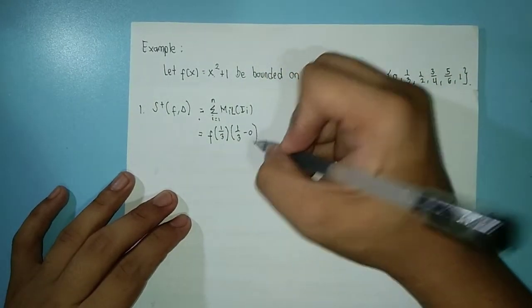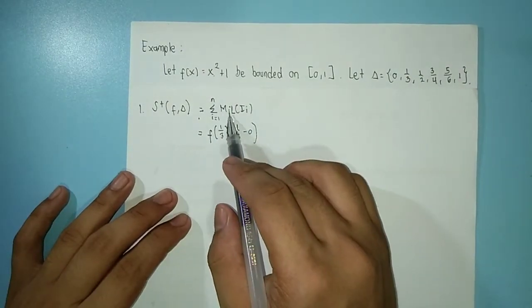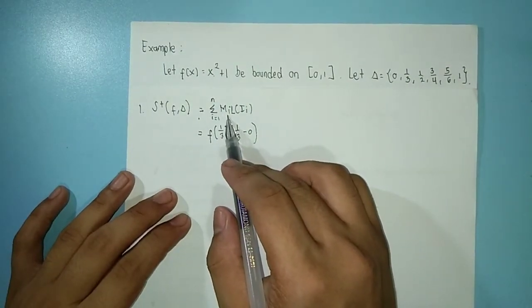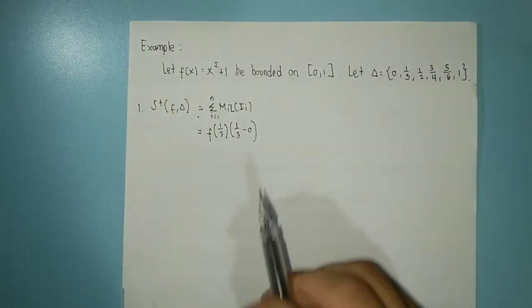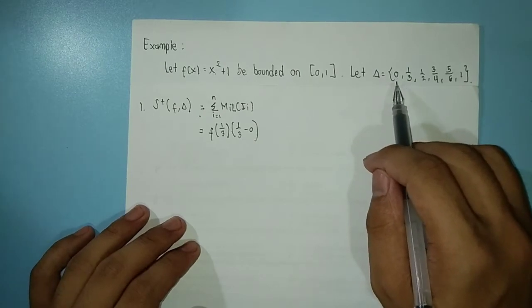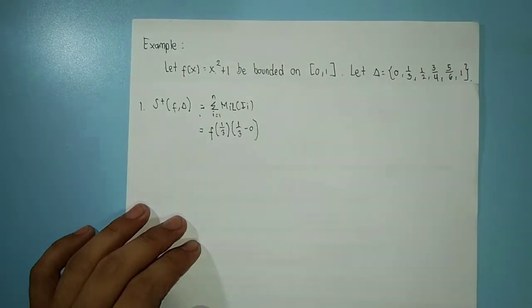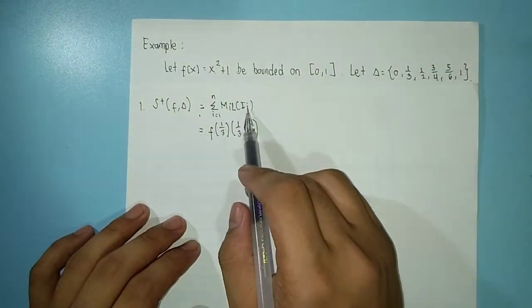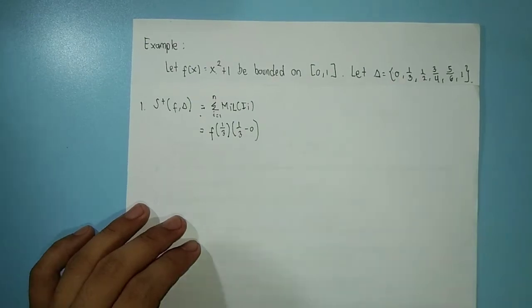Etong f of 1/3, ito yung m sub 1 natin. Kasi, yung sa kinumpute natin kanina, mas malaki yung f of 1/3 dito sa f of 0. Ang hinahanap natin yung supremum kasi. Diba? Supremum to. Then, yung length naman, diba, dinefine ko yung length, that is 1/3 minus 0.